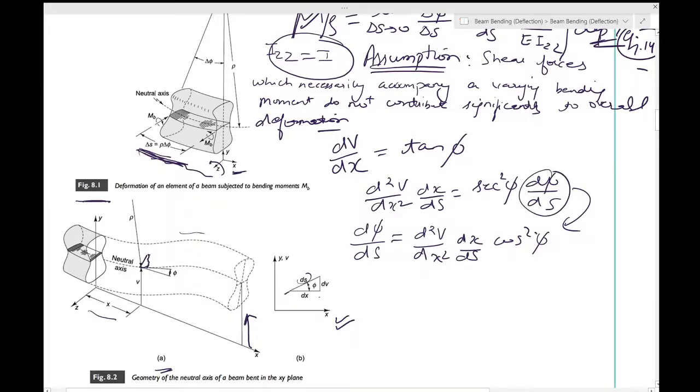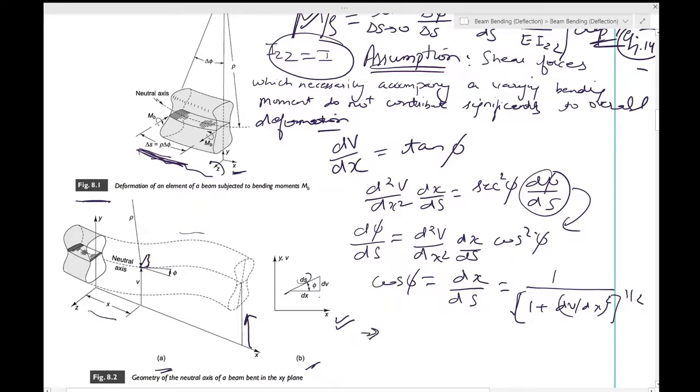Now in figure 8.2b, you want to write cos phi is equal to dx by ds, base by hypotenuse, and this ds can be written using the hypotenuse of a right angled triangle as 1 plus dv by dx whole square to the power 1 by 2.